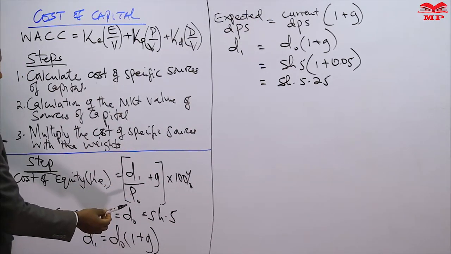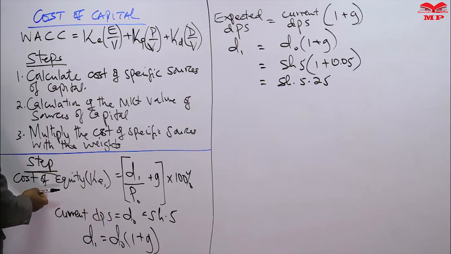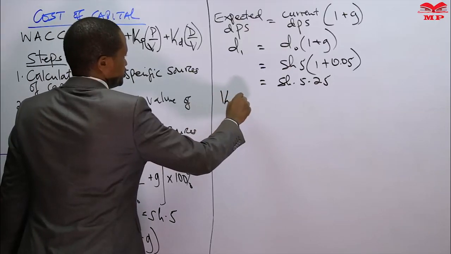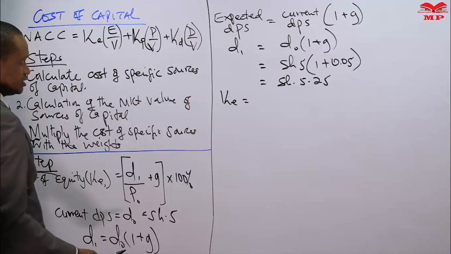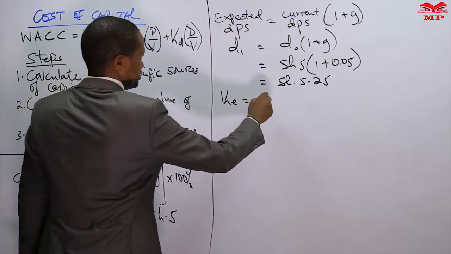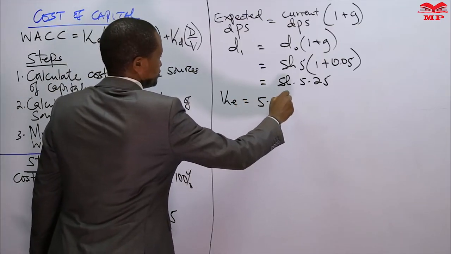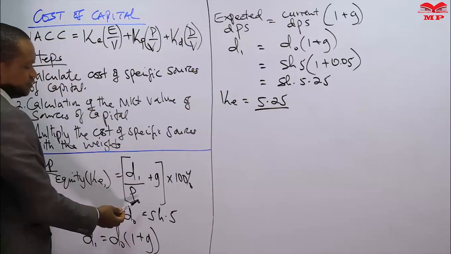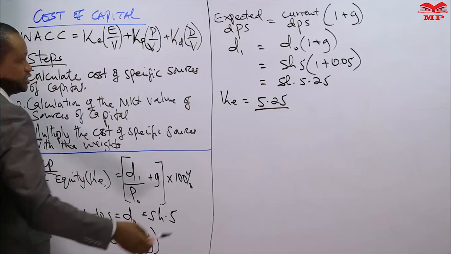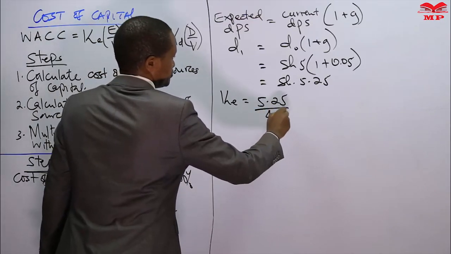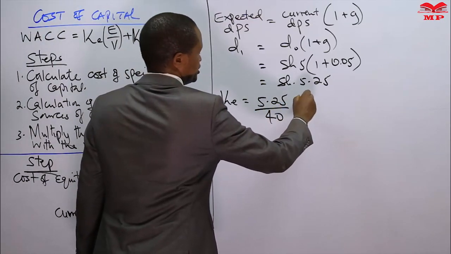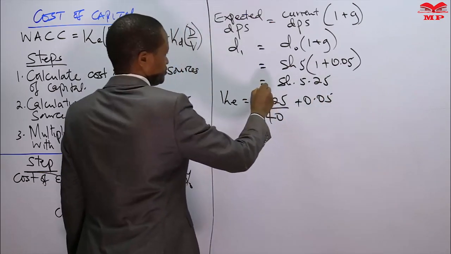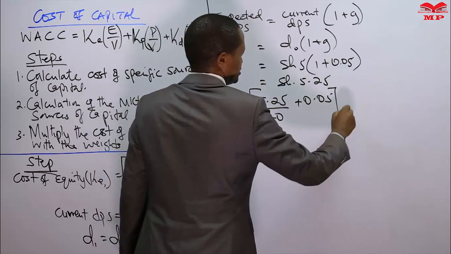Now we can proceed to determine our KE. So therefore, KE, substituting these variables in the formula, will be equal to the expected dividend of 5.25 over the market value of this share, which is 40 shillings, plus G, which is 0.05, times 100.